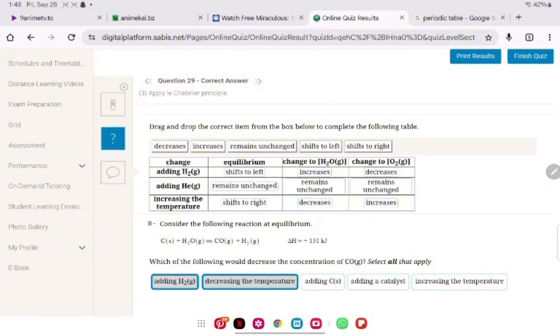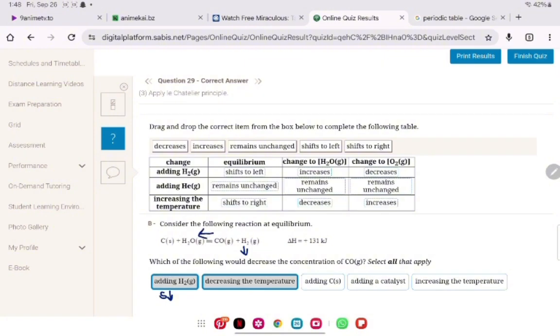Now the second part, which of the following would decrease the concentration of CO? So we have to see what will make CO decrease. Adding H2, if you add H2, the system will try to decrease the amount of H2. So if you try to decrease the amount of H2, you will move backward, so CO will decrease.